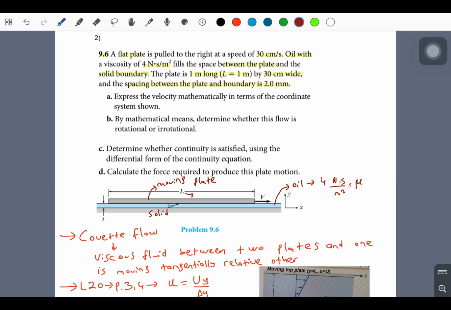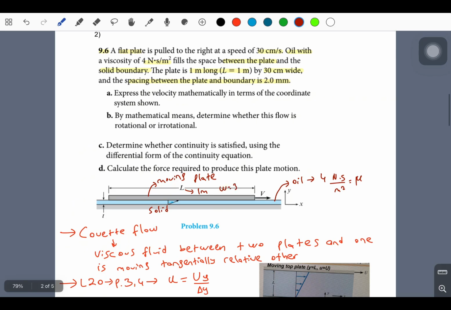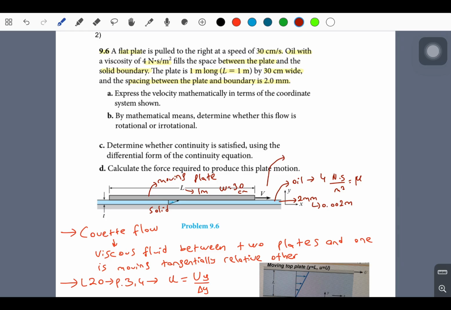The length of the plate is 1 meter and its width is 30 centimeters. And the spacing between the plate and the boundary is 2 millimeters, which means 0.002 meters. And lastly, the velocity is 30 centimeters per second, or 0.3 meters per second.